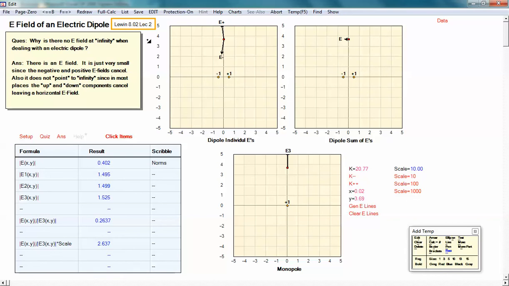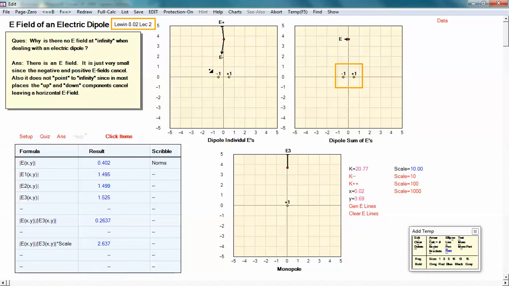To better understand this, let's look at an example here. So what's a dipole? Here we have an example of a dipole. A dipole is when you have two charges, a positive one and a negative one, separated by some distance. That gives rise to an E field, which is a sum of two constituent E fields.